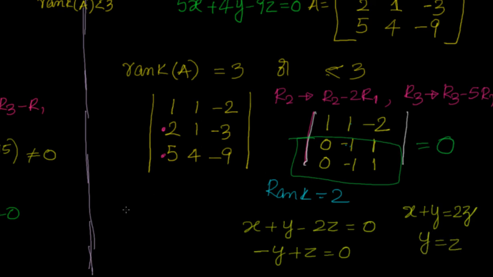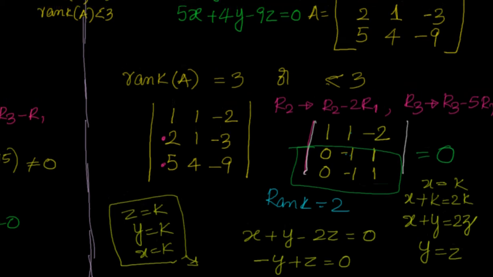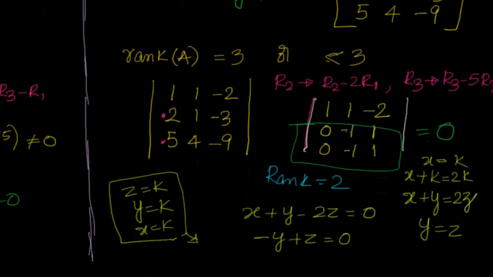If I take z equal to k, then y also will become k. I have x plus y equal to 2z, that means x plus k equal to 2k, that gives me x equal to k. So I have values x equal to k, y equal to k, z equal to k for some value of k. All these equations are satisfied. You have infinitely many solutions.